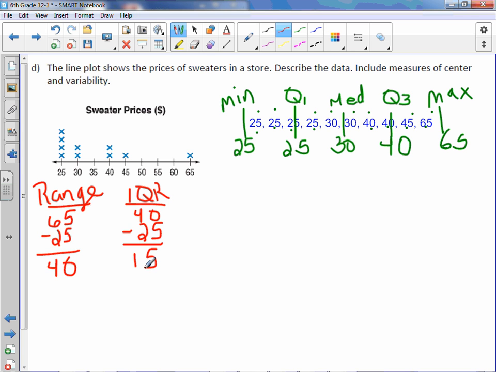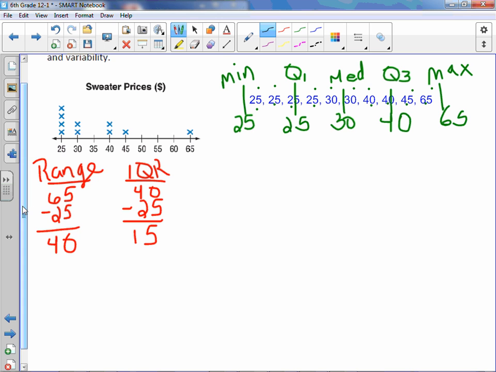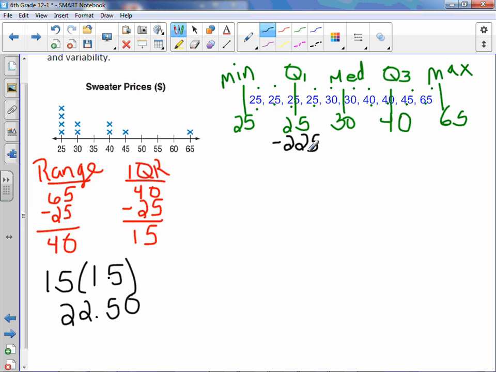I'm also going to go ahead and see if there are any outliers. I take the 15 and multiply it by 1.5. When I do that, I get 22.50, or 22.5. Going to subtract 22.5 from the first quartile. I'm going to add 22.5 to the third quartile.